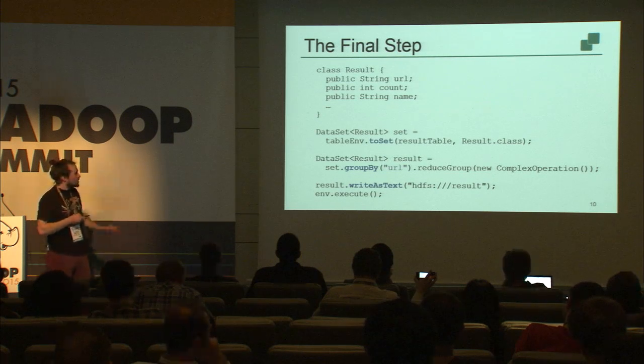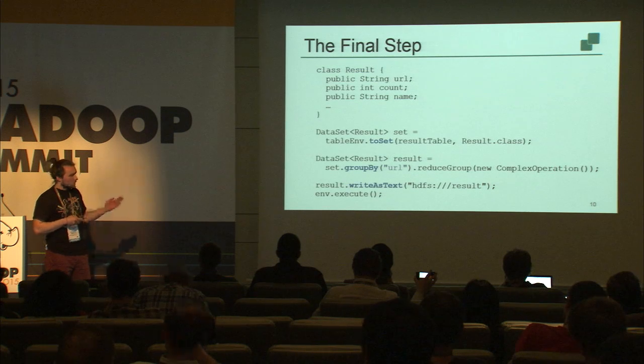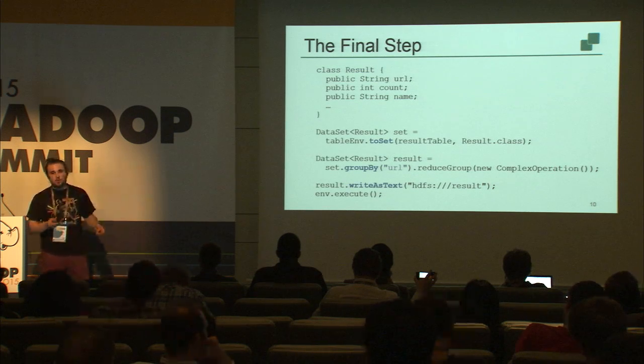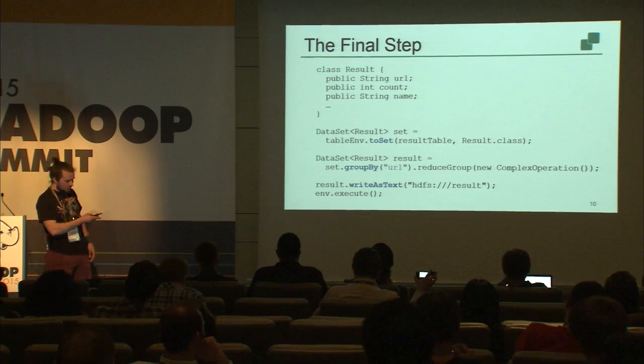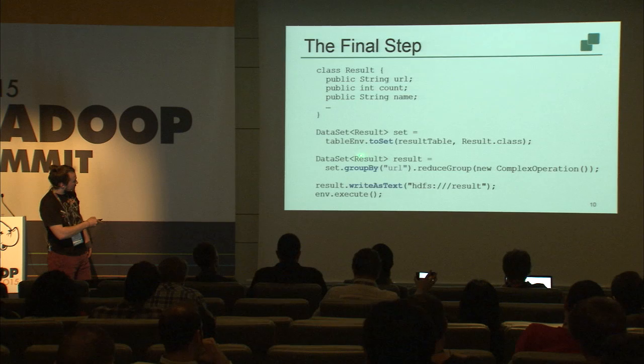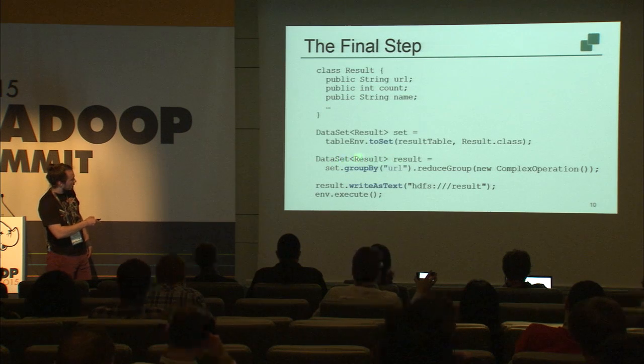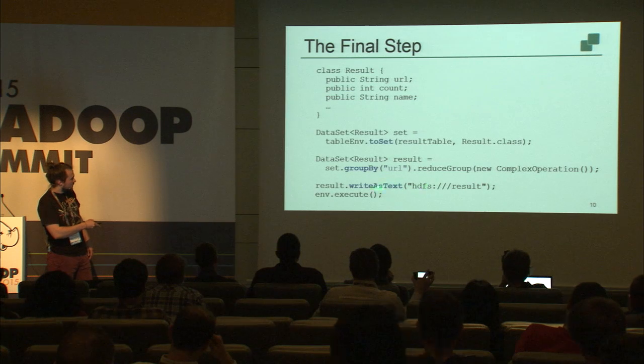But using this, you have the simplicity of the relational queries, but also the power of the general purpose functional API. And then the result of this is again a data set, and this we write to HDFS again.